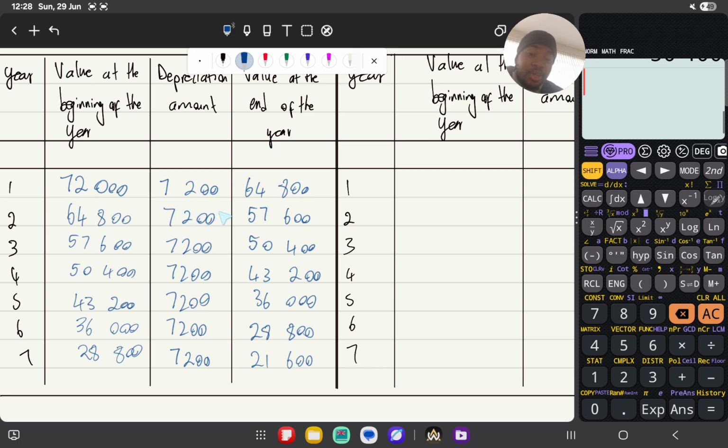We minus the same value. This is the value you have at the end. Then the beginning, depreciation, the end, and so on, until at year 7, the value of the car would be 21,600 rand.